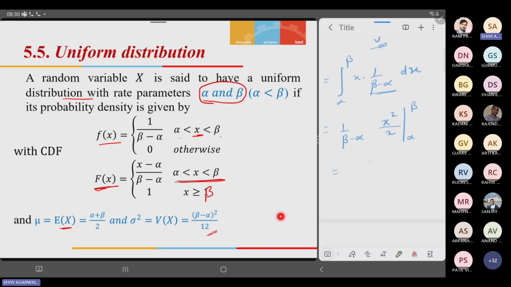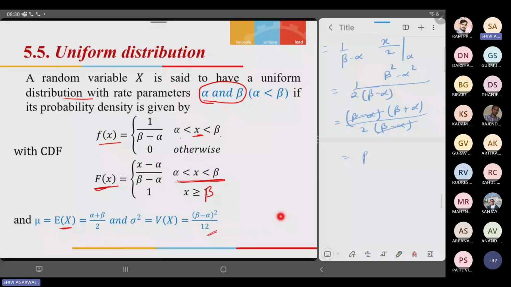So we get 1 by 2 times beta minus alpha, times beta square minus alpha square. That is beta minus alpha times beta plus alpha upon 2 times beta minus alpha. So this cancels out, and it becomes beta plus alpha by 2.